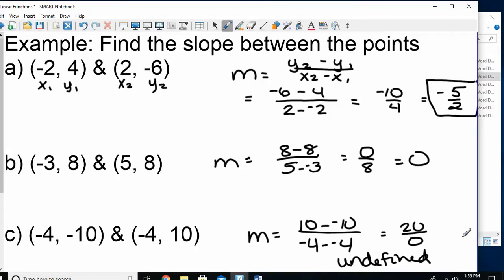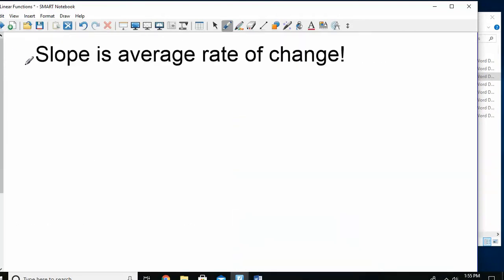The very last example I want to do. If I ask you to find average rate of change, what am I asking for? Slope. Average rate of change is just another word for slope.